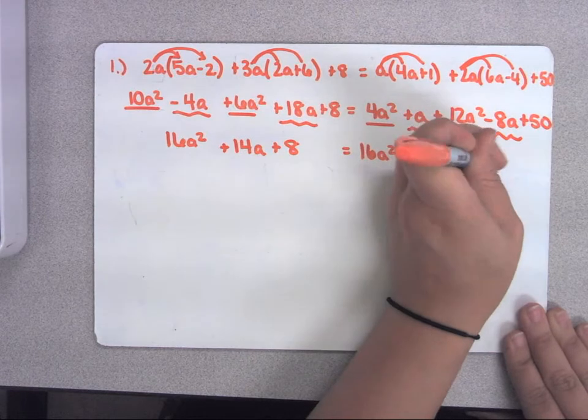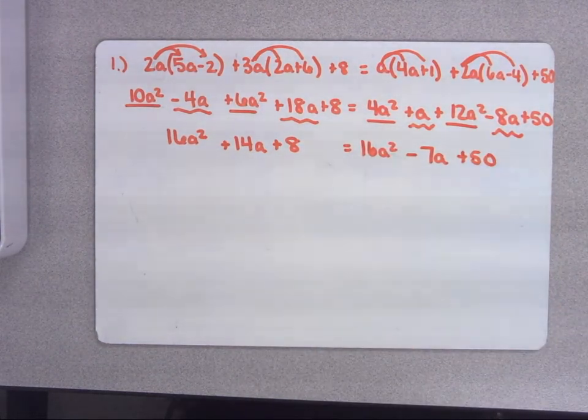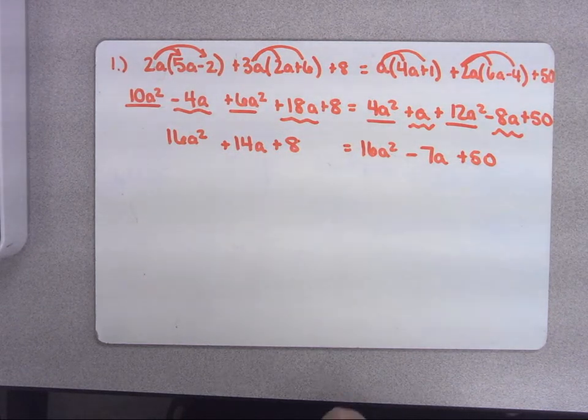Combine like terms on both sides so you only have squareds, a's, and whole numbers on each side separately. Then move all your squareds to one side. See what magic happens.